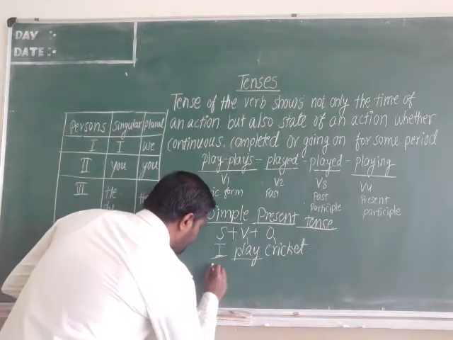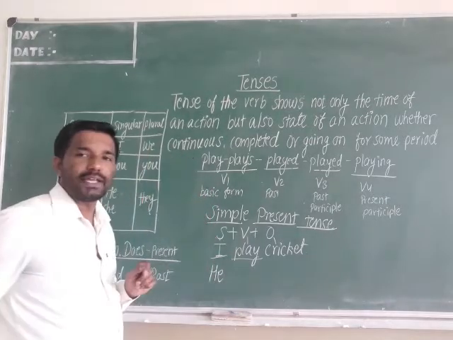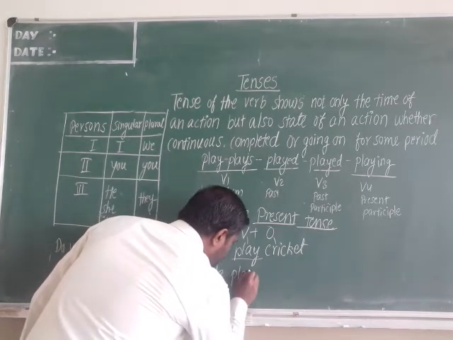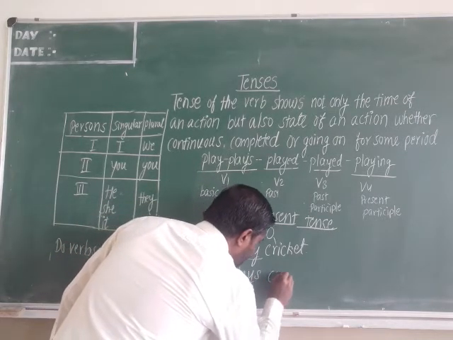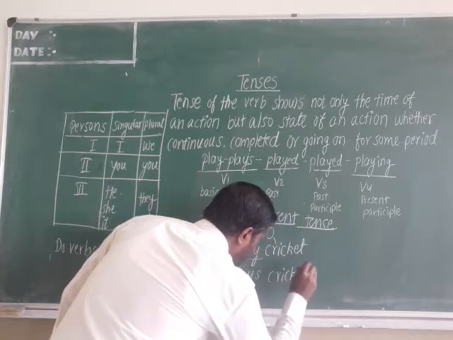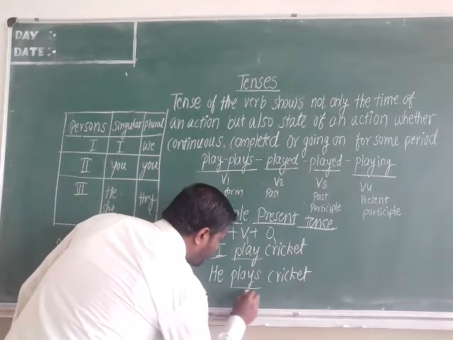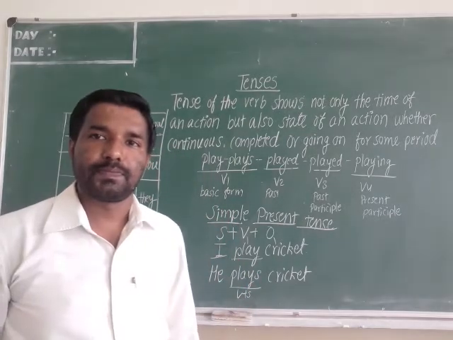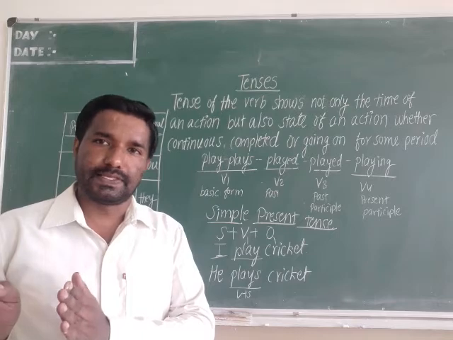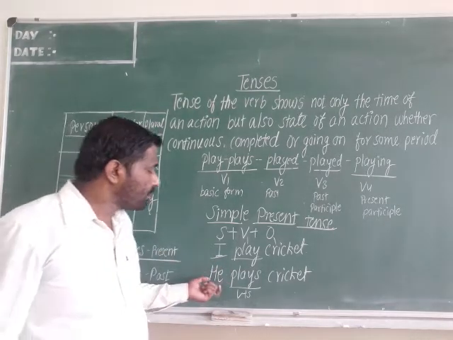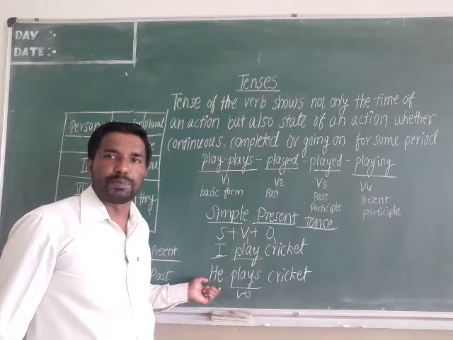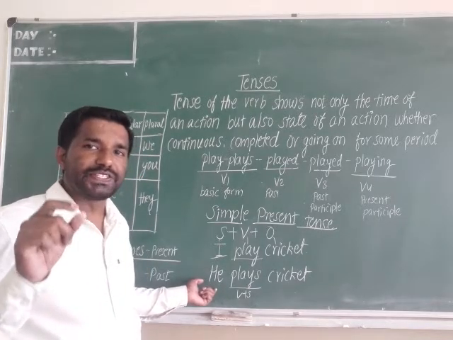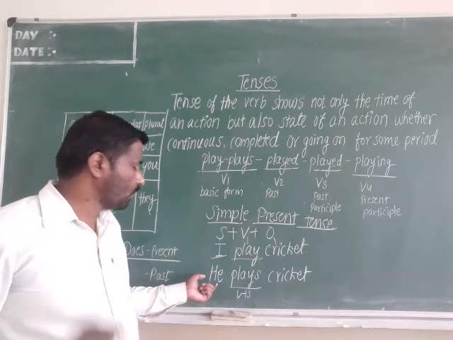Suppose he is there, then you have to make a little change. What is that? He plays cricket. Here, for the verb, you are adding what? You are adding s. Verb plus s. Third person singular. Pronouns like he, she, it. When they come, you have to use what?